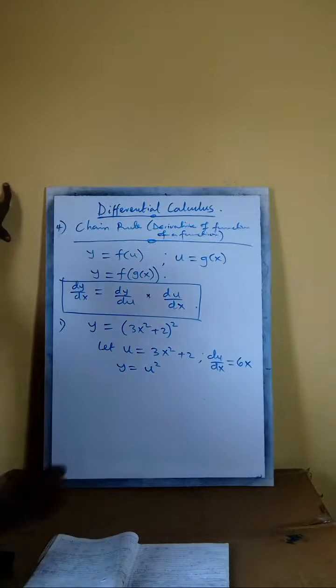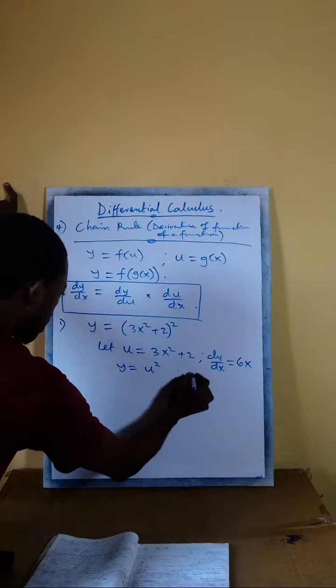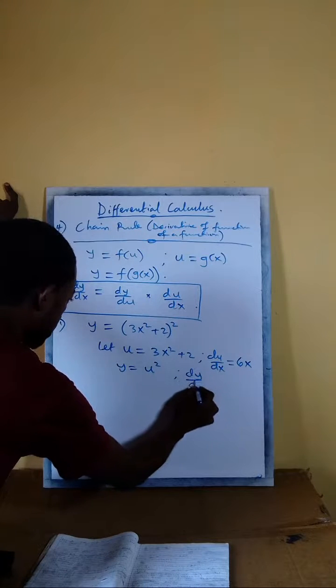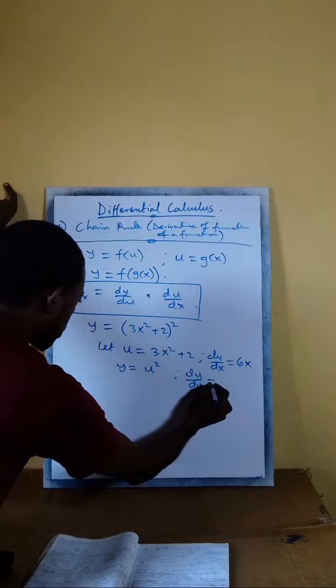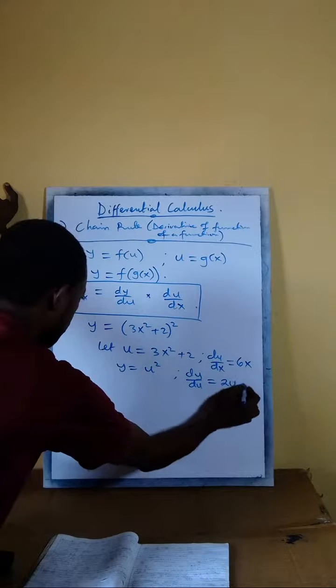From there, we also find dy/du, differentiating y with respect to u, and this gives us 2u.